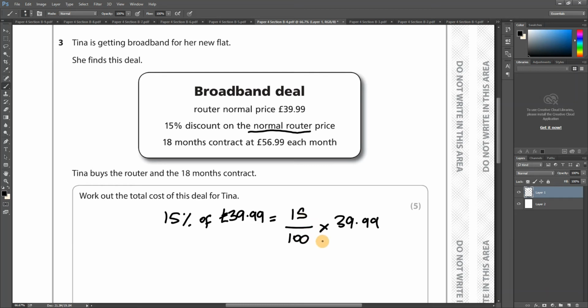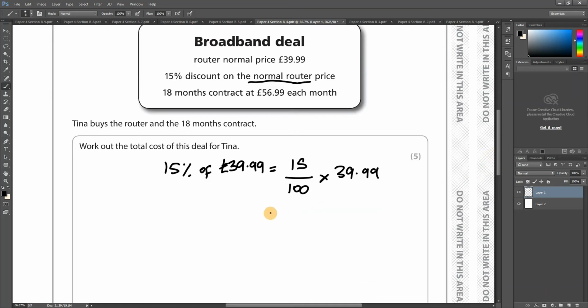Percent just means out of 100. Of, we say of in maths is times 39.99. So if you just type that in your calculator, you can use the divide button for this line here. You can literally type in 50 divided by 100 times 39.99. You can do that in one go.